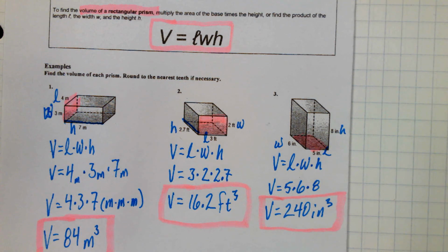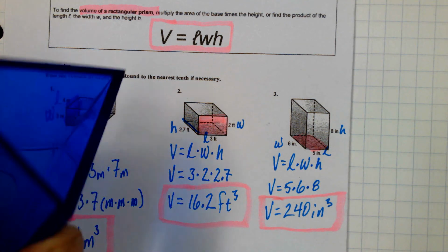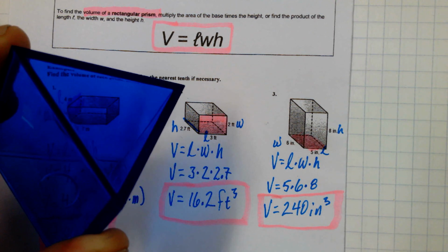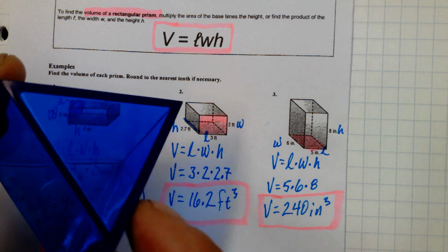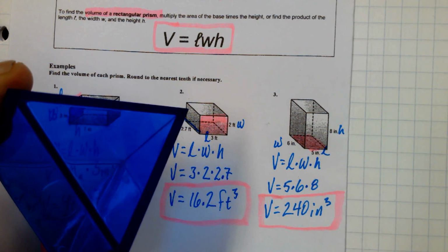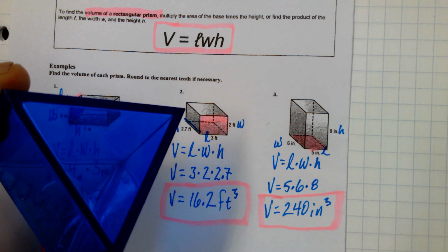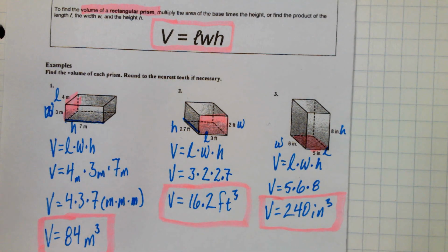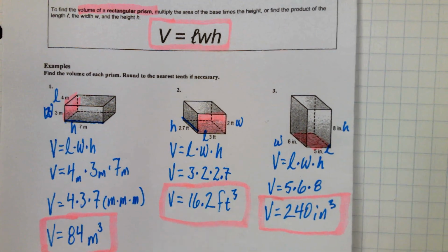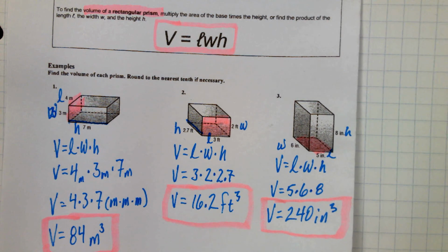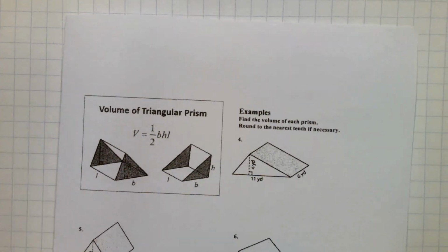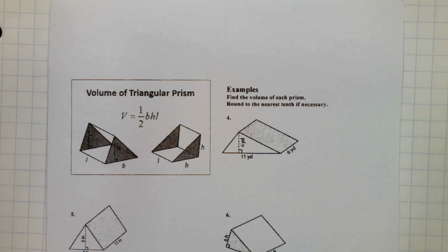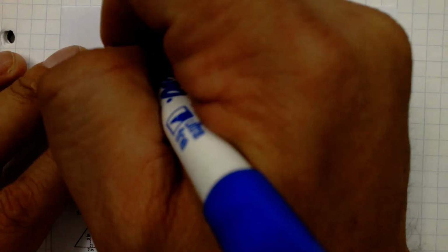So while we're catching up, the difference between a triangular prism and a rectangular prism is triangles are always half the size of a rectangle with the same dimensions. So it's half the size. So the formula for the base area is going to reflect that. Okay, you guys ready? Flip the page, and at the top, everybody write down that general formula again.